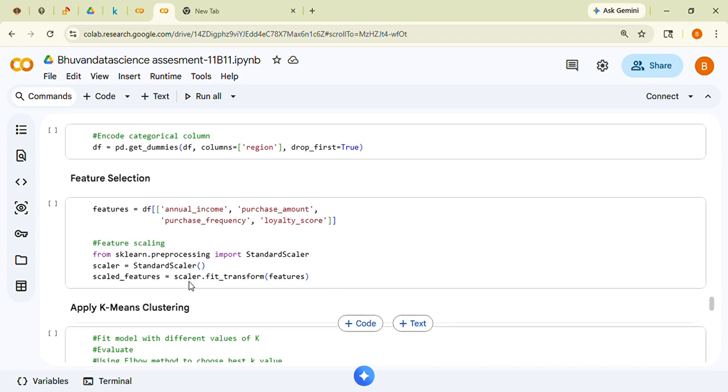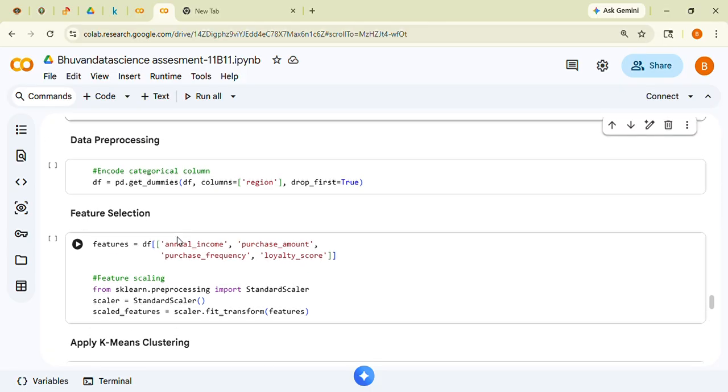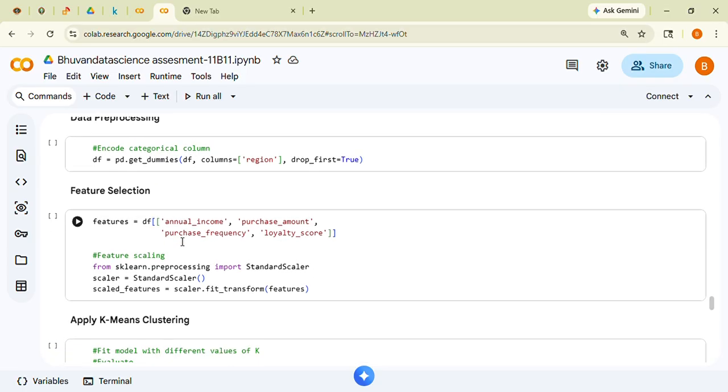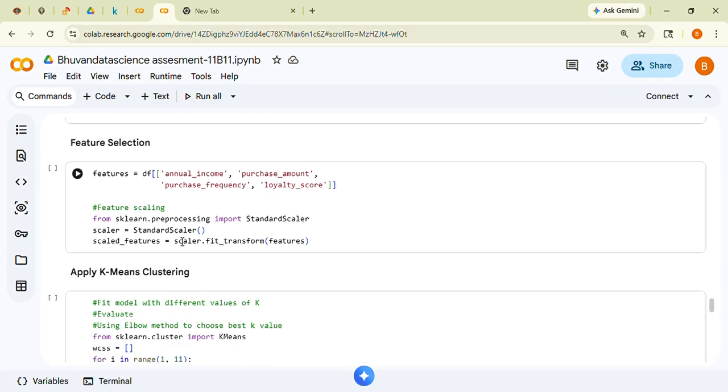Next, in feature selection, important features for clustering are income, purchase amount, purchase frequency, and loyalty score. These features directly represent customer behavior, so they are useful for segmentation. Then we move on to applying K-means clustering.